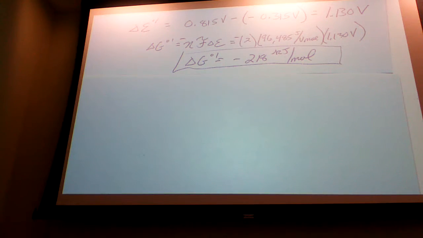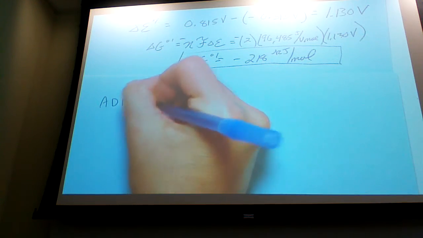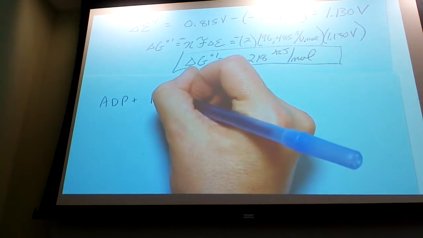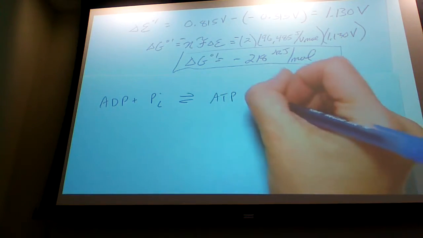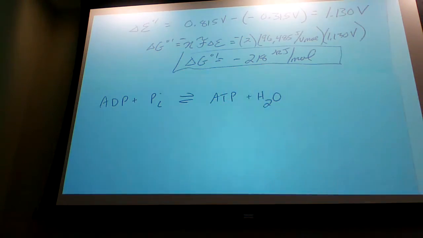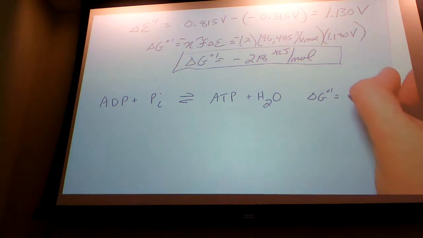All right. How much energy does it take to synthesize ATP from ADP? Yeah, so 30.5. Yep. So if I take ADP and add inorganic phosphate to it to make ATP and water, and you look that up on your chart, that standard free energy change is a positive 30.5 kilojoules per mole.